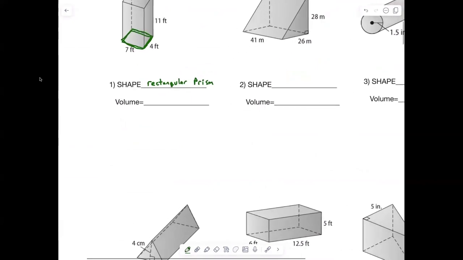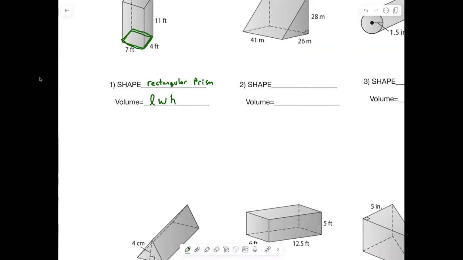That's right. Normally we say it's length times width. That's the area of the base, and it's always the area of the base times the height. So we can just say LWH. That's the formula for a rectangular prism.